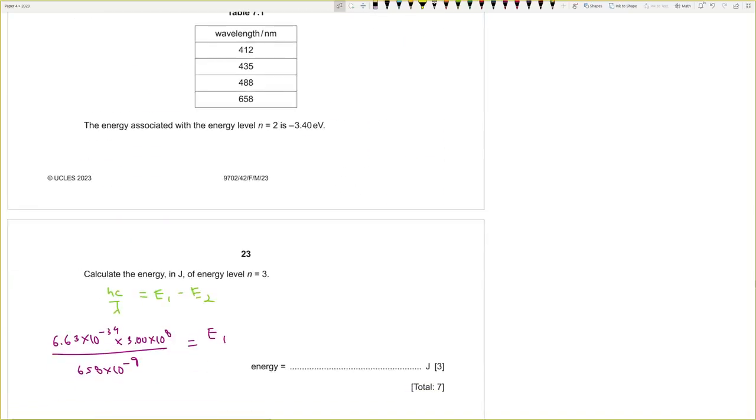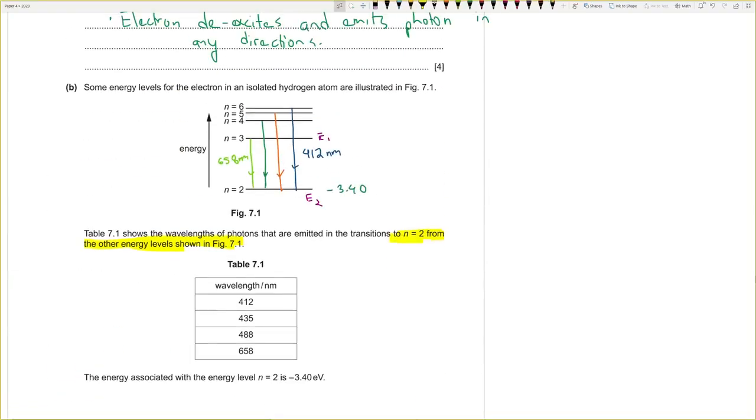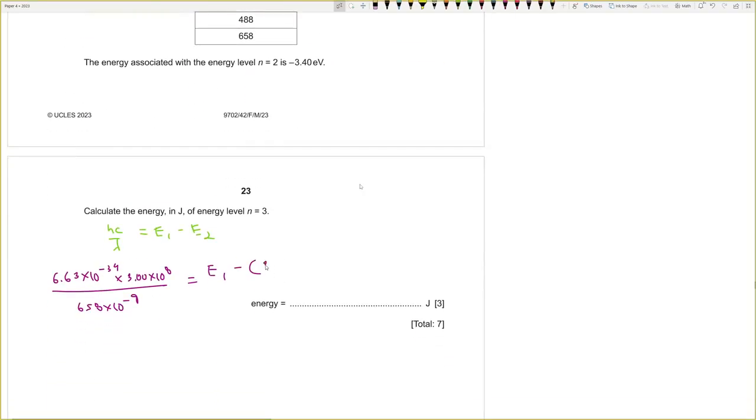So E1 minus what is this? 3.40 electron volt. I'm converting electron volt to joules by multiplying by 1.60 times 10 to the power minus 19. So let's do this step by step. 6.63 times 10 to the power minus 34 times 3 times 10 to the power 8 divided by 658 times 10 to the power minus 9.